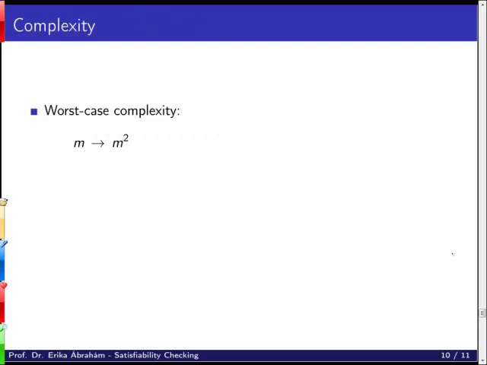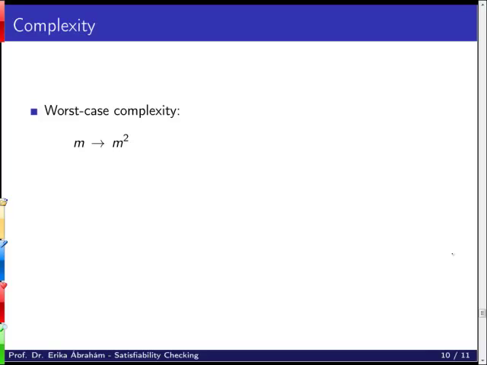So, the drawback. What is the worst case complexity? If I have m constraints and I eliminate one variable, let's say roundabout, I can get a worst case m squared. Each constraint perhaps defines a bound.